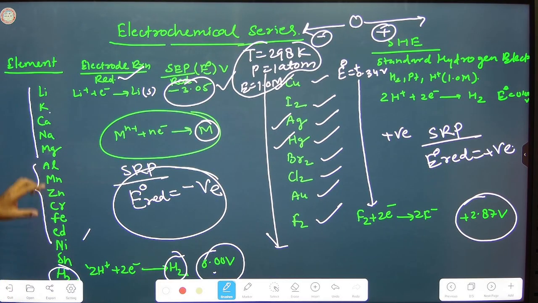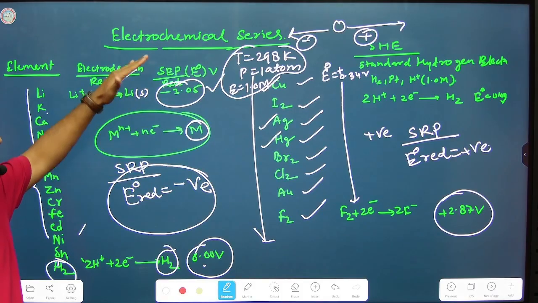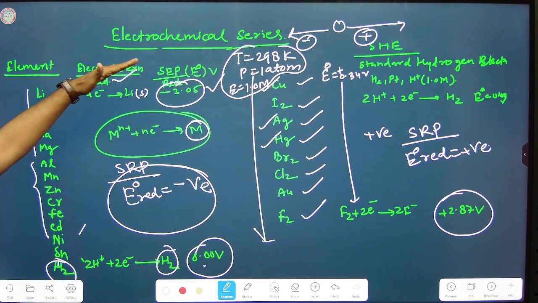And reactivity decreases up to hydrogen. The most reactive one is lithium, and the least reactive one just above hydrogen is tin, right? So the reactivity can be explained on the basis of the variation of this negative standard reduction potential.